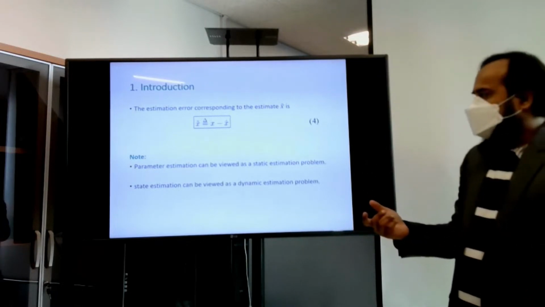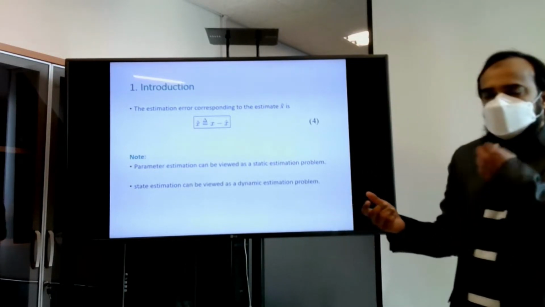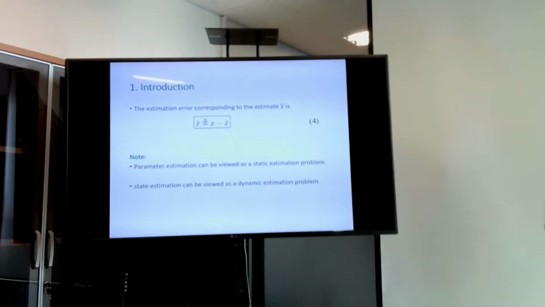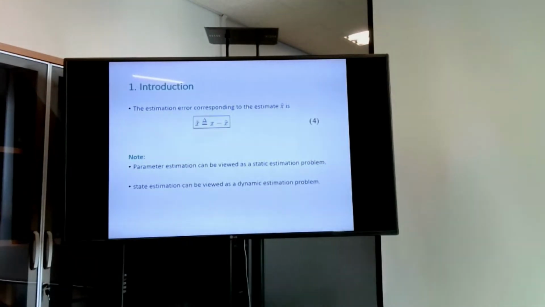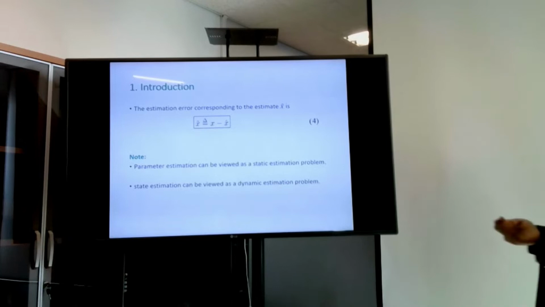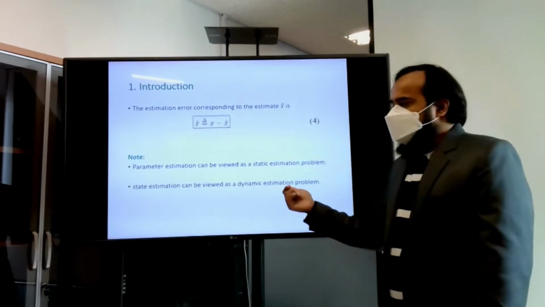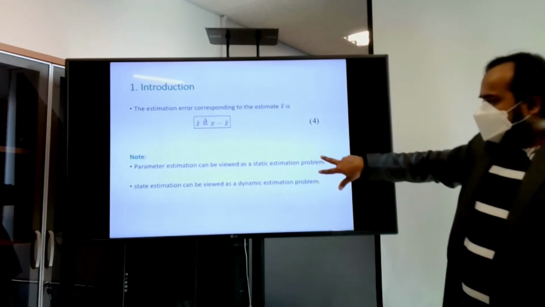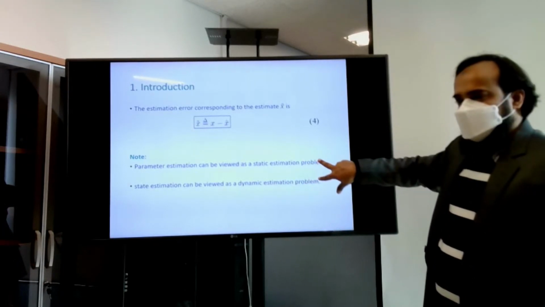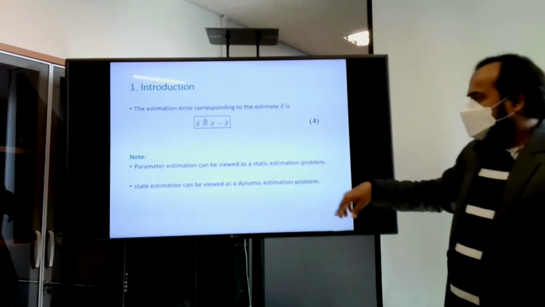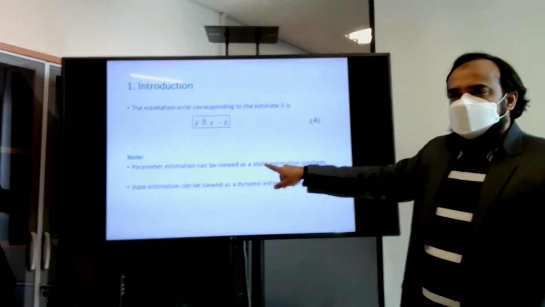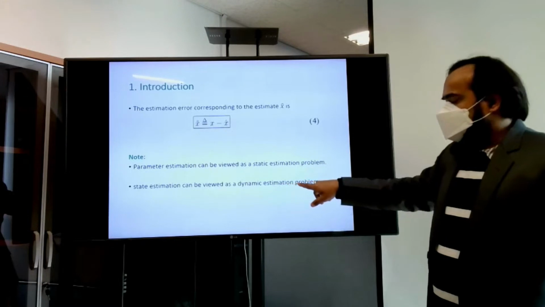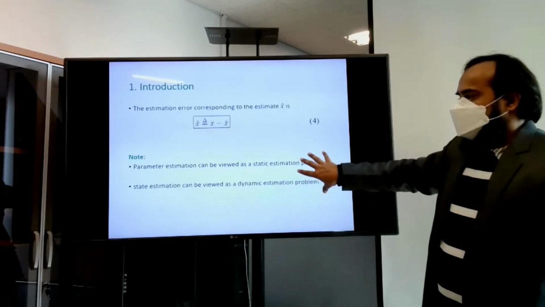It's not static. It can have dynamic properties, dynamic models, that can maneuver at any random instant. So state estimation is a dynamic estimation problem and parameter estimation is a static estimation problem. We will cover these two things in a later chapter on linear static and dynamic estimation.